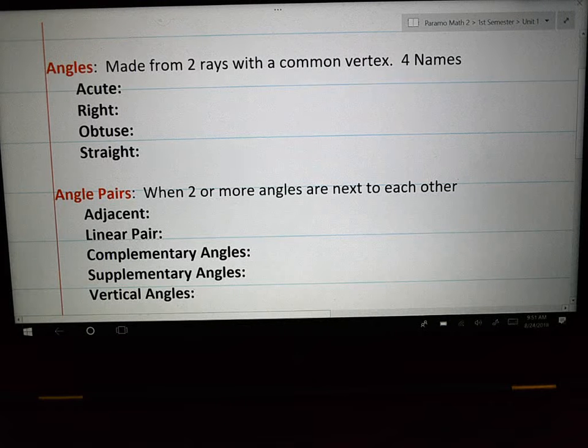And then I think you're supposed to say what the obtuse and straight angle are. Yeah, I think so.